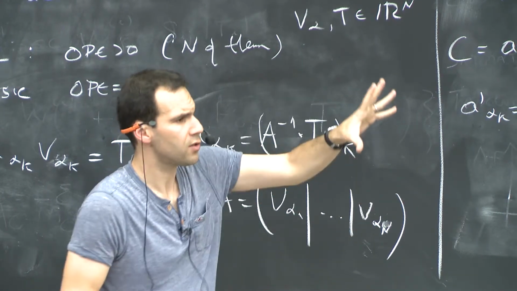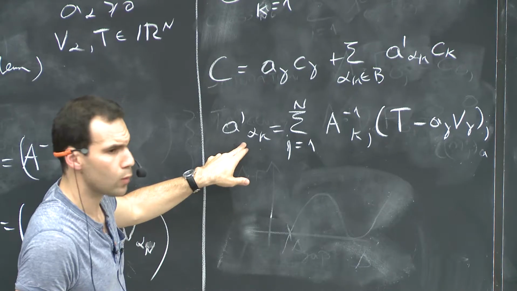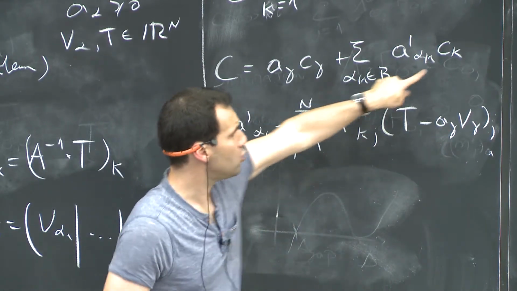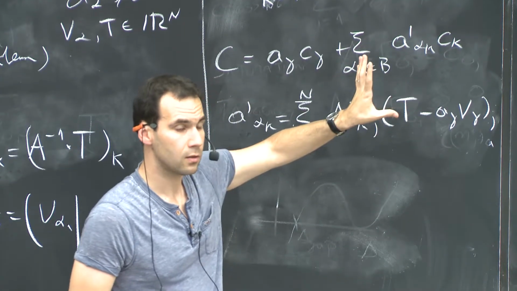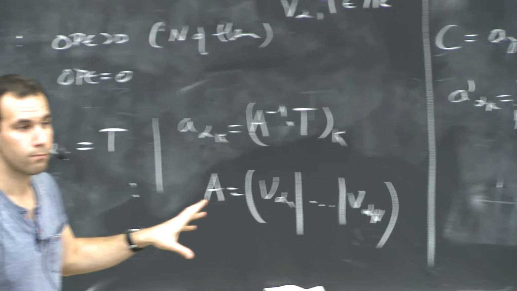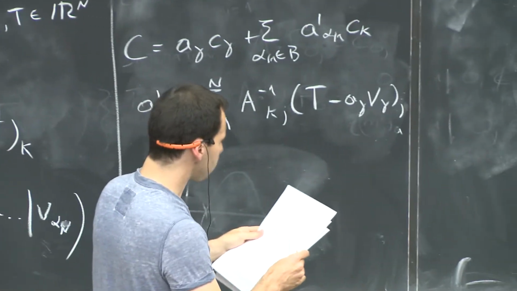So I just put that vector on the right-hand side, and so the OPE coefficients will change in this way. I switch on this vector, I put it on the right-hand side. These are the new OPE coefficients of the basic vectors. Okay, is this clear? Don't hesitate to stop me.